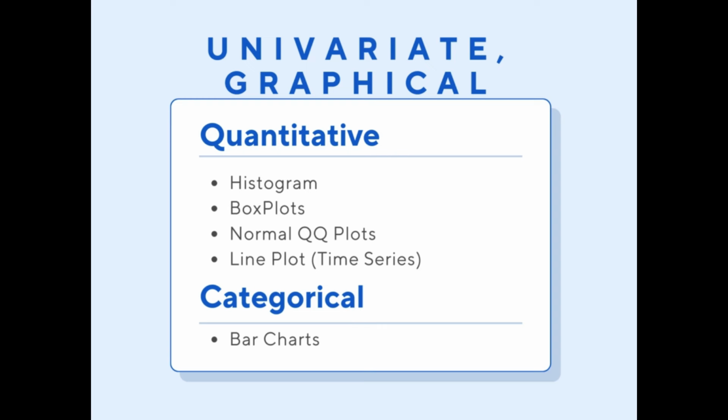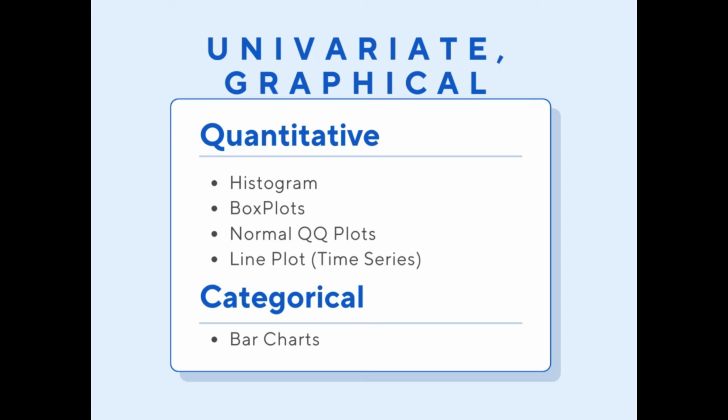So first, for the quantitative, we have the histograms, which answer the question, how is our data distributed, or are there patterns, clusters, or gaps? Next, we have the boxplots, which answer the question, where does the majority of the data lie, and are there outliers? For the normal QQ plot, it answers the question, does the data follow the normal distribution?